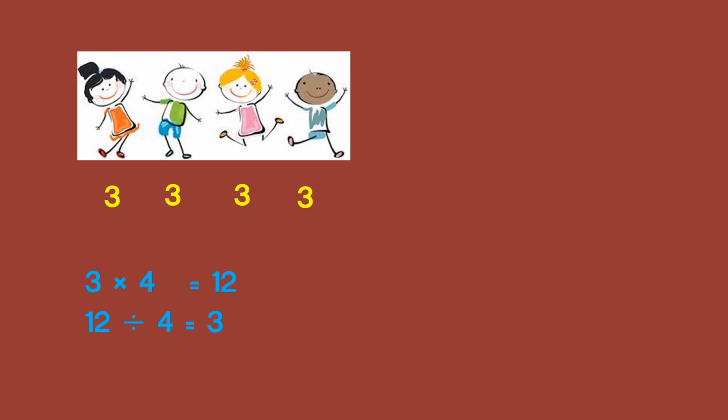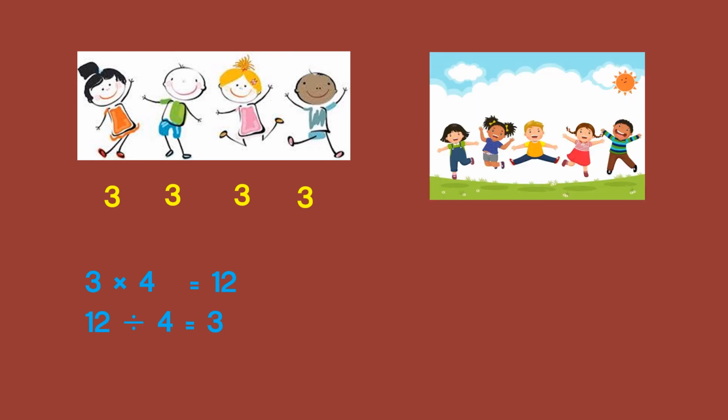So if there's one more friend, this time she has to equally distribute the rambutan among 5 friends. Now what would happen? Each one can get 2 rambutan, but 2 plus 2 plus 2 plus 2 plus 2, that is only 10.